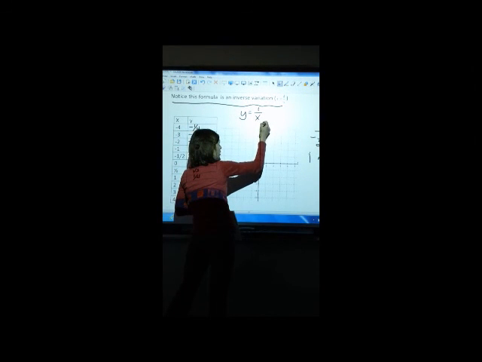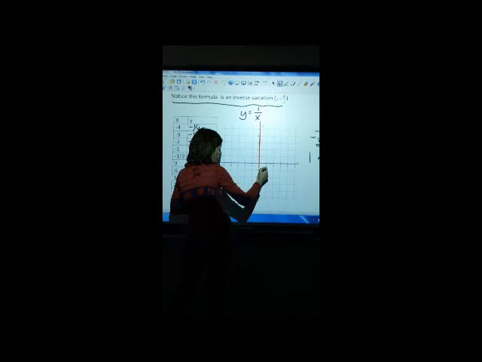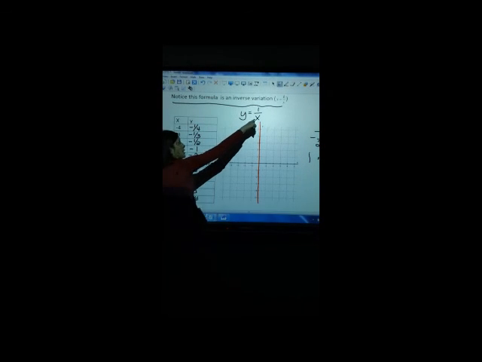So that means at 0, we're actually going to have an asymptote, okay? So we're going to put in our asymptote, a vertical asymptote, x equals 0. But interestingly enough, if we can't put 0 in here, that means that we also can't get y to ever equal 0.